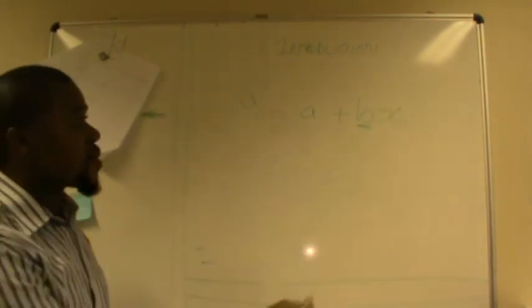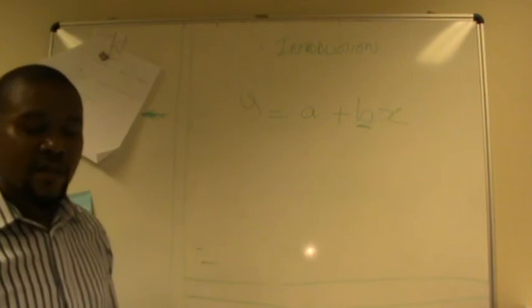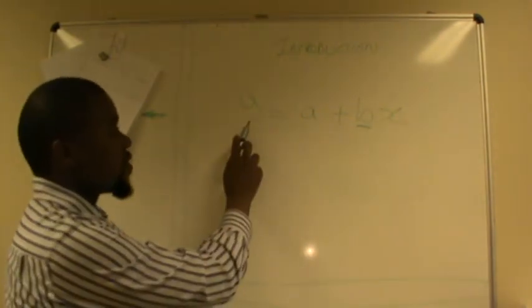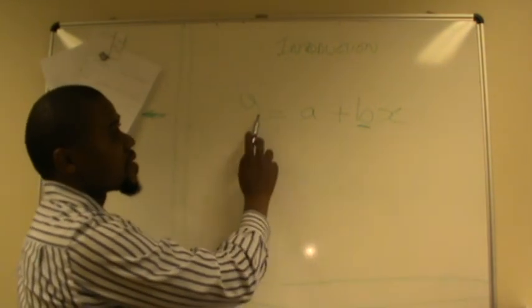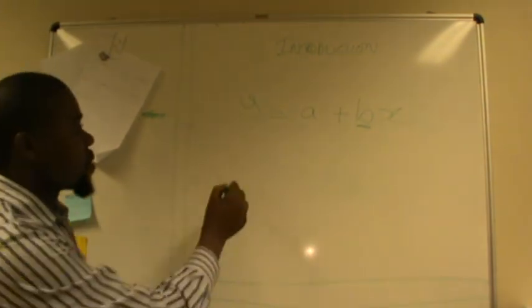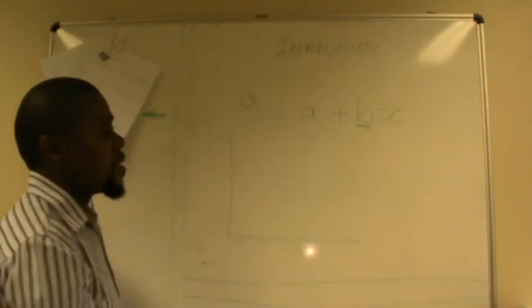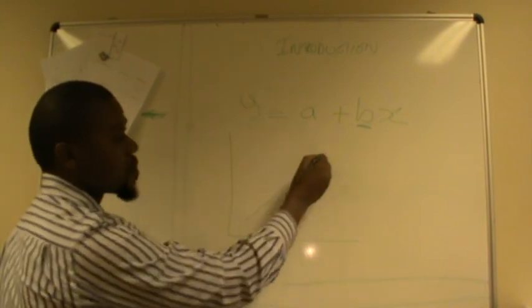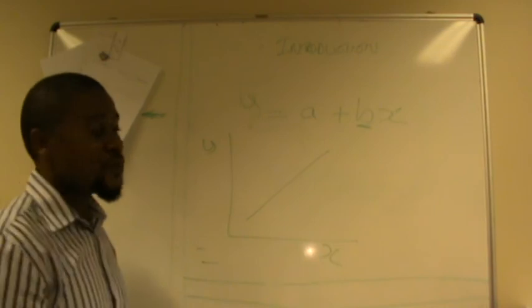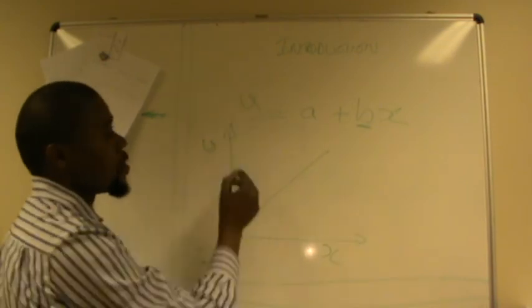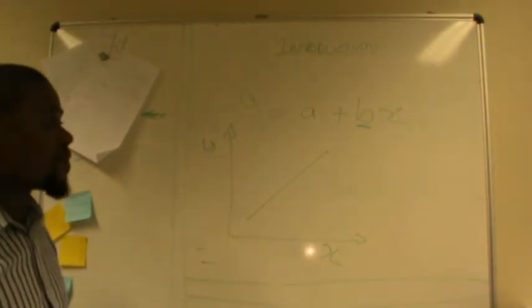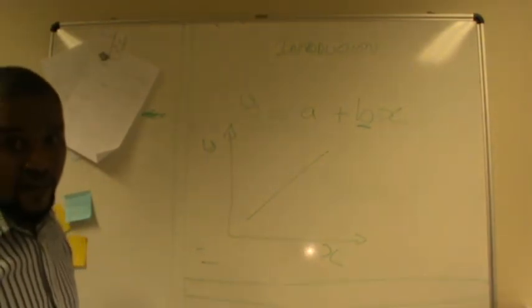Okay. So this slope, especially in regressions, we refer to as the coefficient, which is a representation of the relationship between this variable y and that variable x. So, for instance, in a relationship where y was positively related to x, you could have that b there as a positive value.